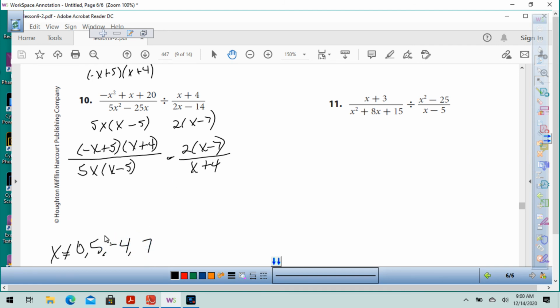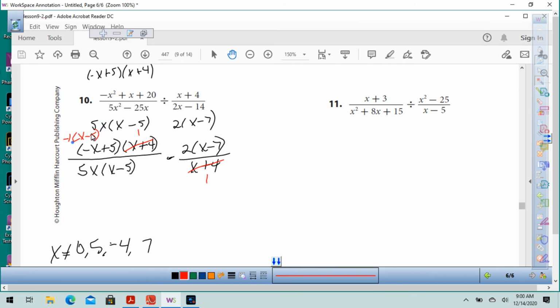All right, good. Now let's see. Well, we've got x plus 4, that's a 1, and that's a 1. x minus 7, I can't do anything with that. Well, look at here, what if I take a negative out? Negative 1 and make that x minus 5.